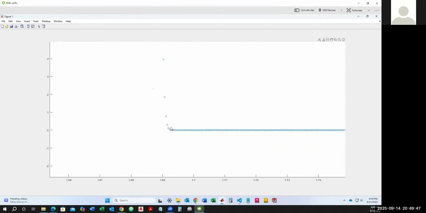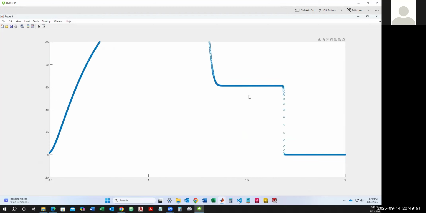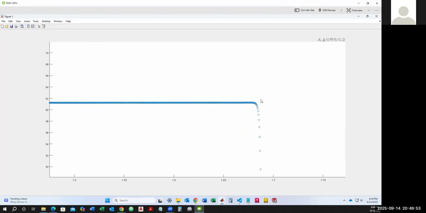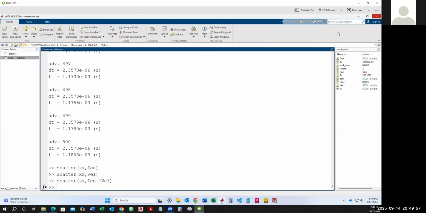Without trying to toot my own horn. And again, the same code can be used for the Lax problem and the double blast wave problem, but these problems require more nodes, because they need more information.